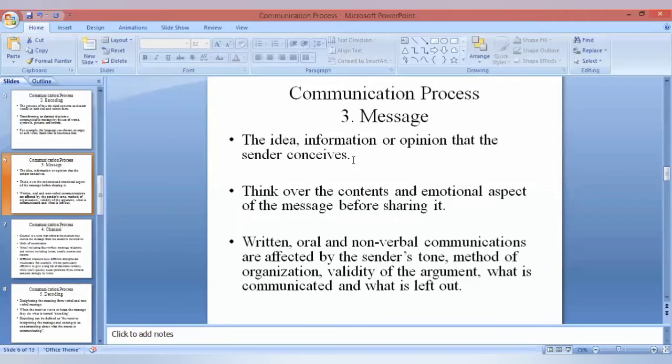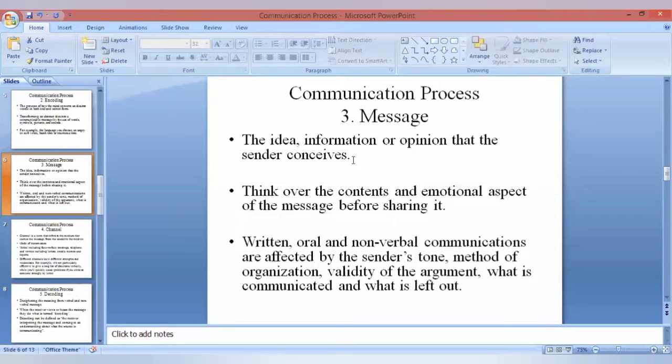As I said earlier, it is very important to consider both the contents and emotional aspect of the message before sharing it, because most of the time we are not aware, we are not conscious of the matter that we are sharing, not only a message which contains data and information, but they also carry emotional aspects of the message as well.